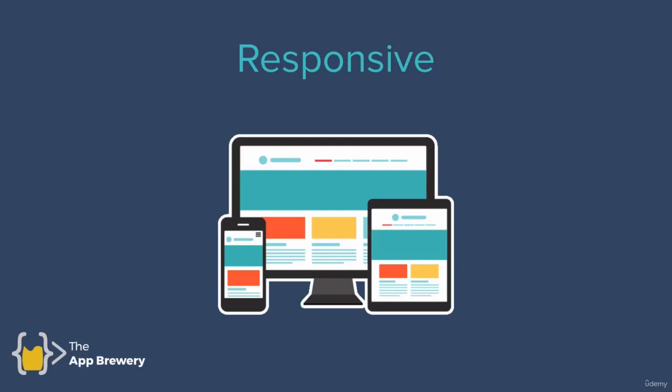That means if you're looking at the same website on mobile or on iPad or on desktop, it should have a different layout to be able to best take advantage of the size of the screen real estate. So I think a better word would almost be something like adaptable layout. Your website changes its design depending on where it's being displayed. And Bootstrap makes this super, super easy, as we'll see in the coming lessons.